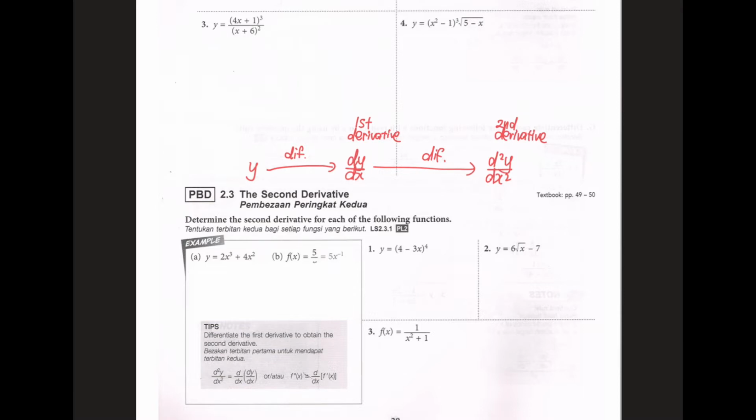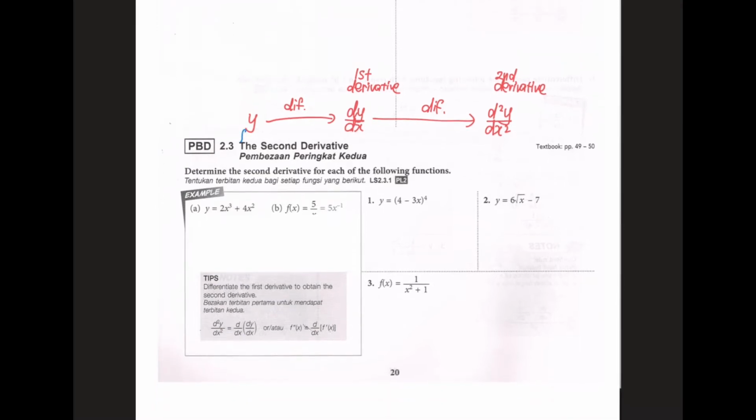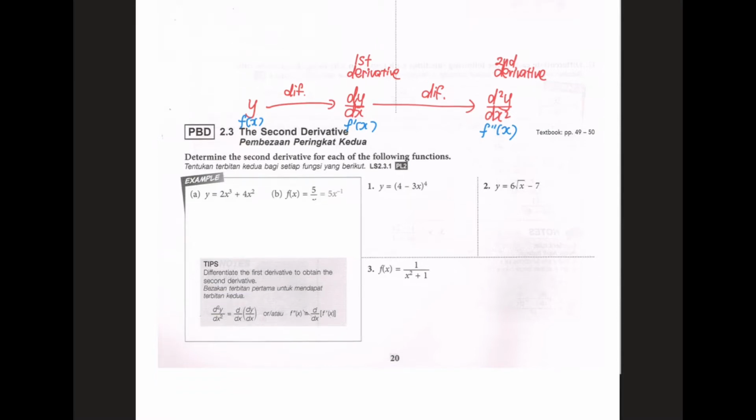But let's say if you have f(x), then when you do differentiation, you will have f prime of x. If you do differentiation again, then you will get f double prime of x. So the idea is 2 times of differentiation. Okay, so we see the notes here. Differentiate the first derivative.